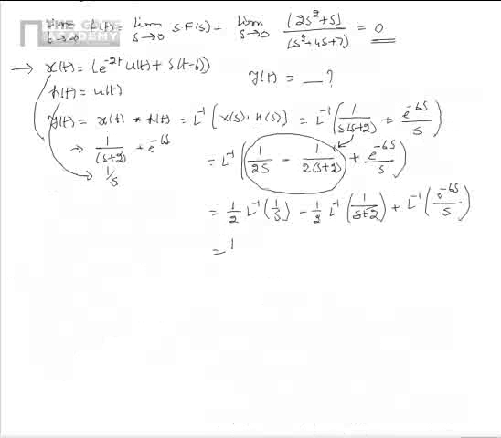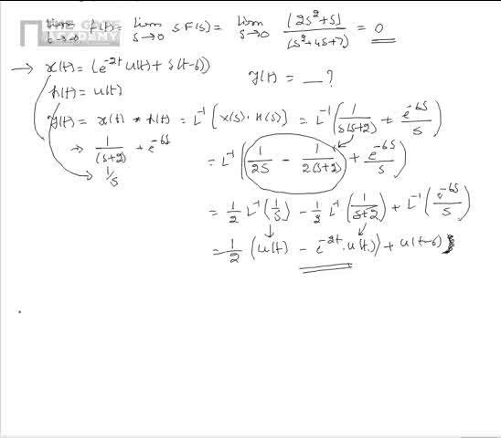This is equal to 1 by 2 multiplied by u of t minus e power minus 2t u of t, because L inverse of 1 by s is u of t and L inverse of 1 by s plus 2 is e power minus 2t u of t, plus u of t minus 6. So the output of the LTI system is half multiplied by u of t minus e power minus 2t u of t plus u of t minus 6. This is the output of the LTI system.